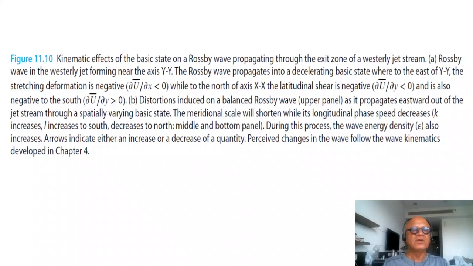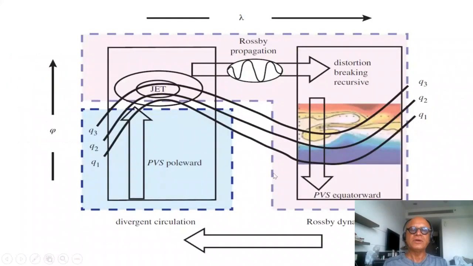Let's see. The final idea to conclude is that we are looking at a latitude longitude space here. We are looking at poleward PVS flux getting into the jet. So the PVS isoplates are Q1, Q2 and Q3. So there is divergent circulation happening here. So this is at low latitudes, that's at high latitudes.